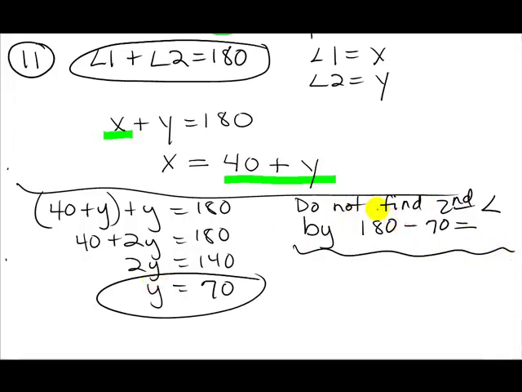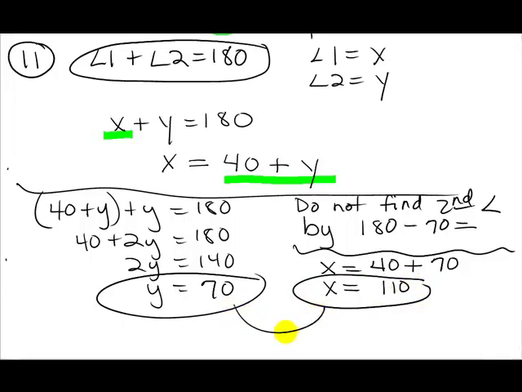And so we want to go back and use that. x equals 40 plus y, and y is 70. So x equals 110. And then these two angles should add up to equal 180, and they do. So then you know that you've gotten the right answer.